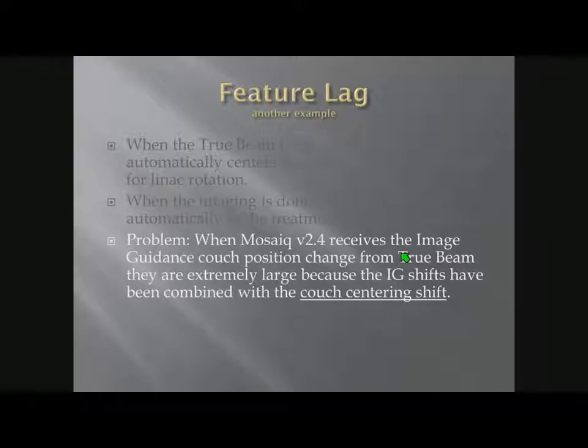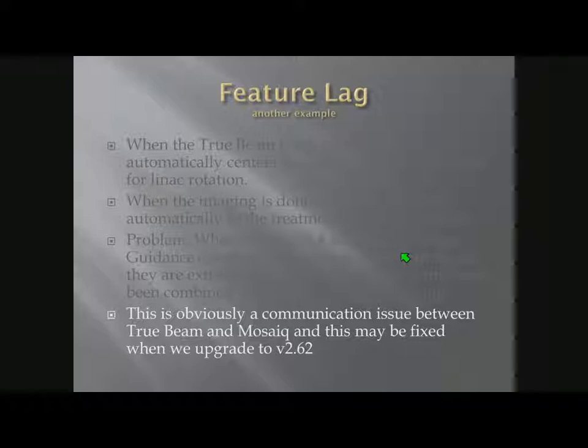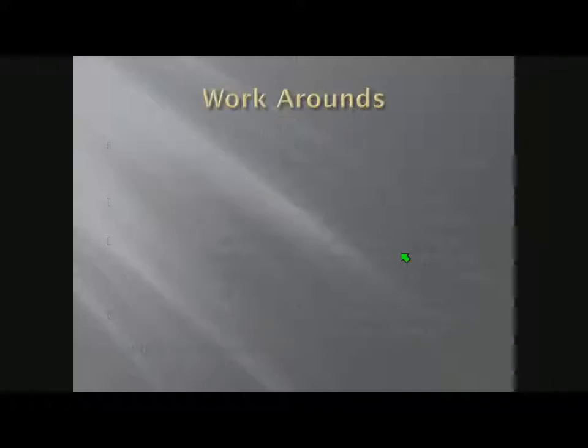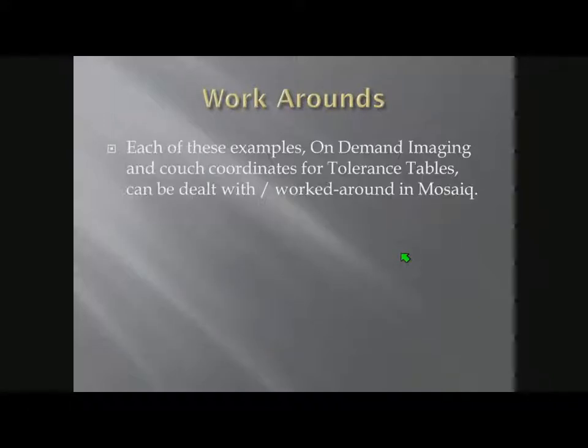A problem in 2.4 is when it receives the image guidance couch position change from TrueBeam, these numbers are extremely large, and instead of being a handful of millimeters or a centimeter, as we might expect for the image-guided shifts, they have been combined with the couch centering shift, so these numbers are really large. And this is obviously a communication issue between TrueBeam and Mosaiq, and we expect this to be fixed in a future version as well.